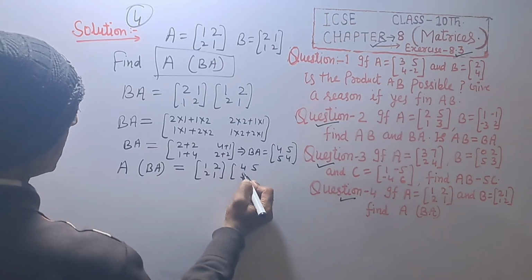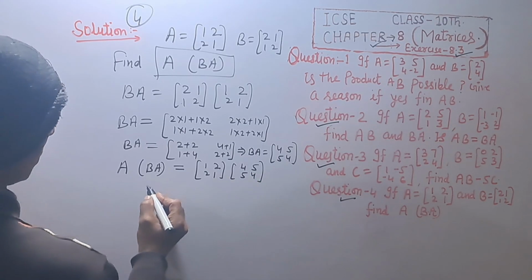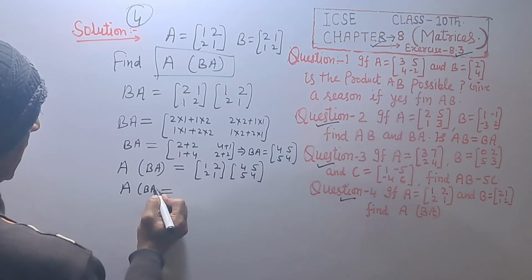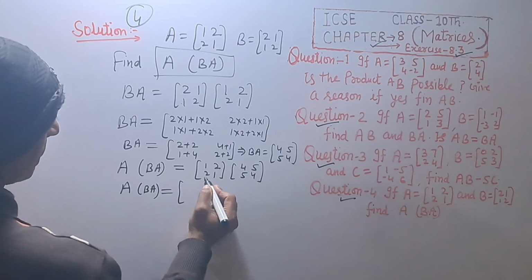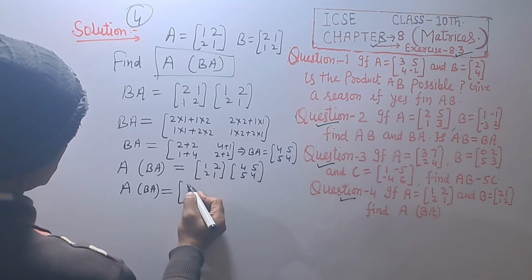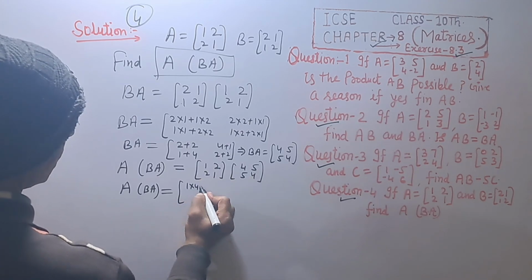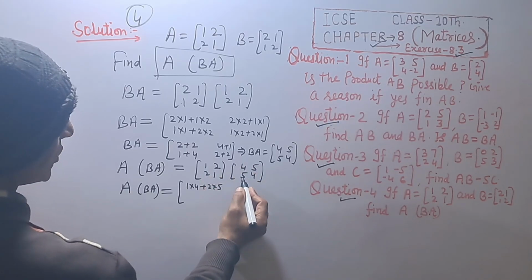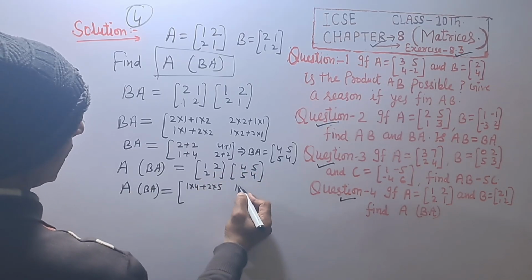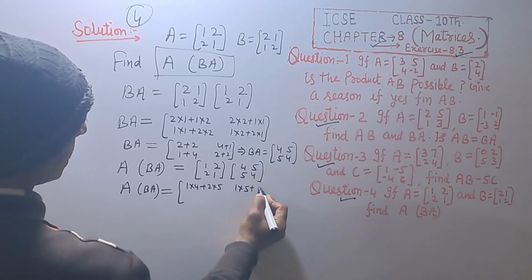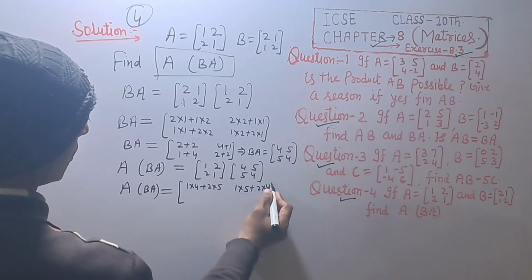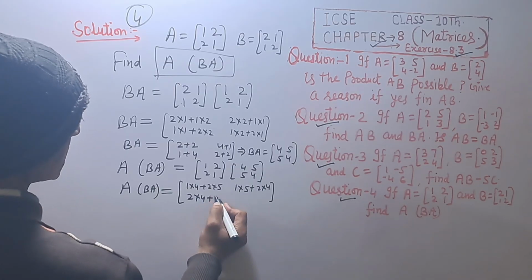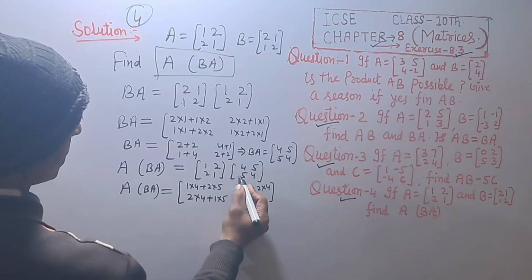And we find A into BA, that is equal to A, which is 1 2 2 1, and BA, which is 4 5 5 and 4. So A into BA equal to 1 multiply by 4 plus 2 multiply by 5. First row first column. Same, 1 multiply by 5 plus 2 multiply by 4 and 2 multiply by 4 plus 1 multiply by 5.